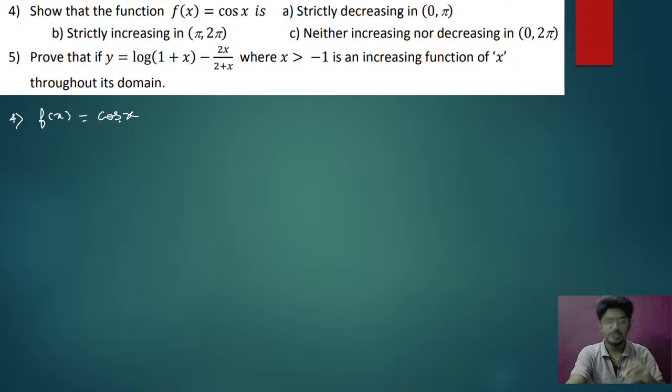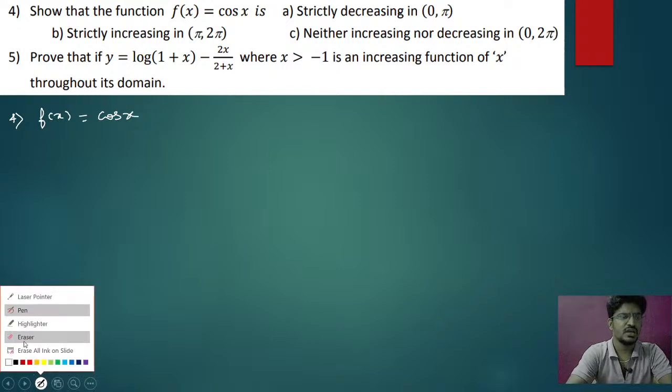Trigonometric functions also have curves. No problem. So if you know the curves of trigonometric functions, you have to use them according to trigonometric rules, not with the rules of the wavy curve method. Please understand that. Okay, so you have to use the trigonometric rules.